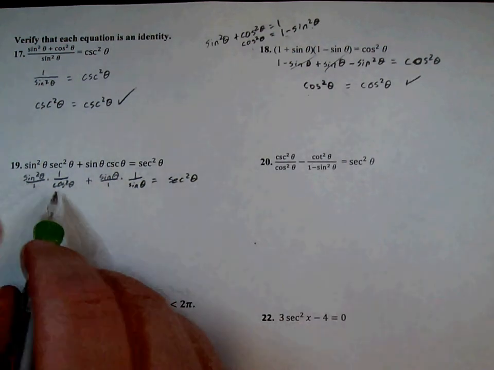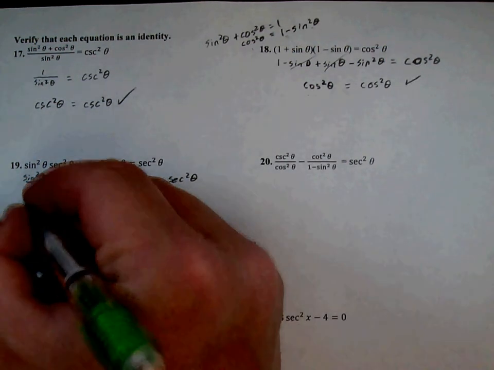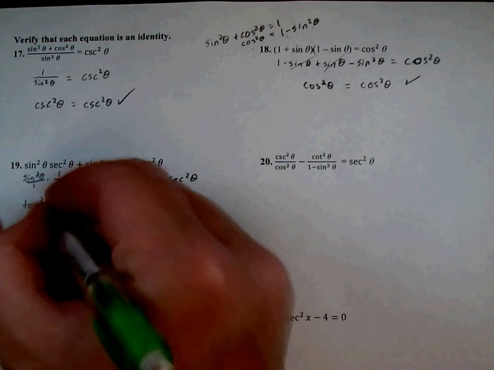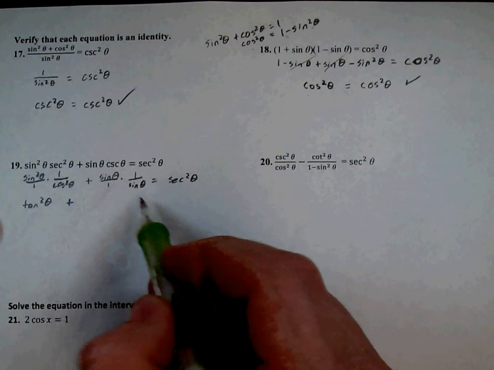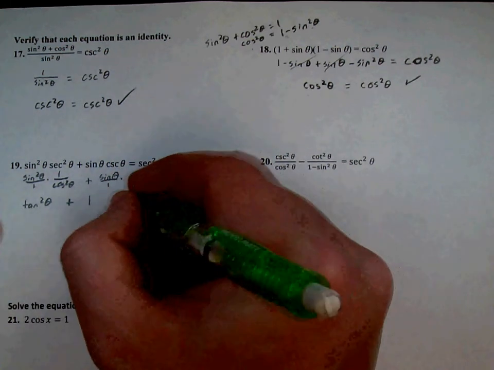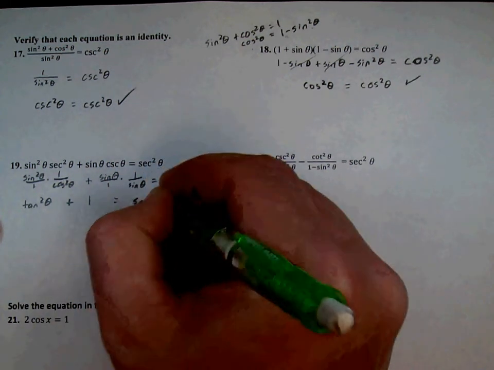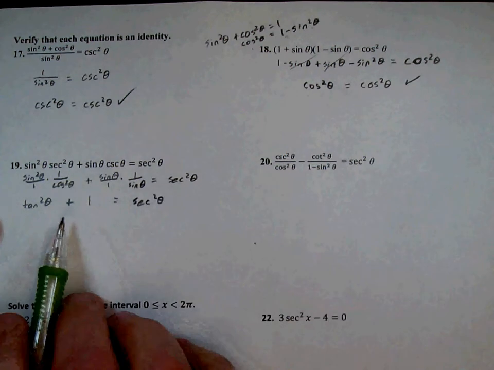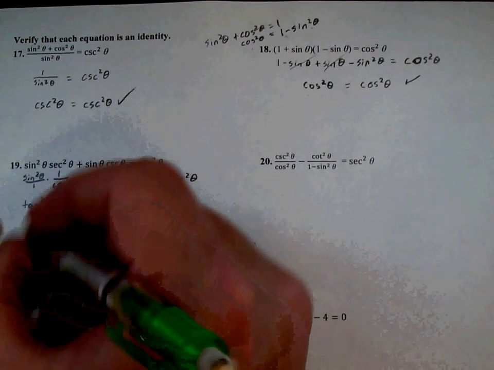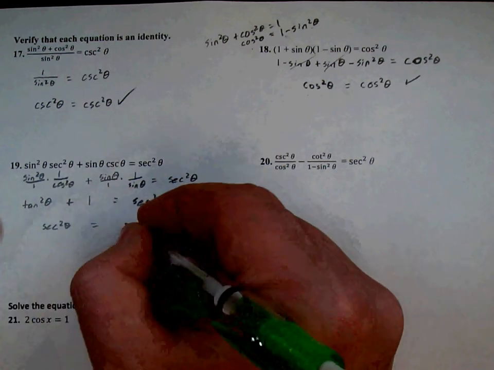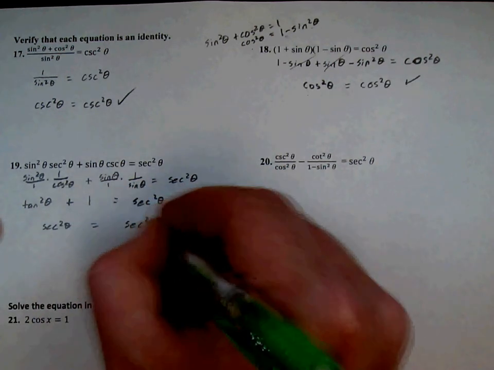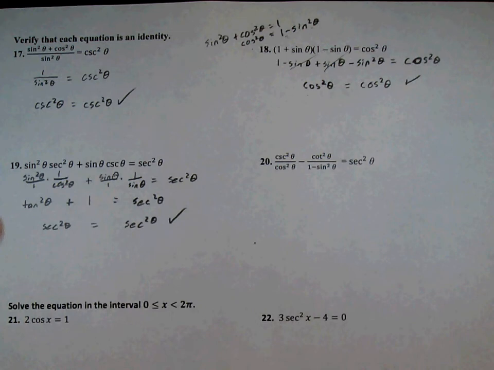So over here I have sine squared times 1 over cosine squared. That's tangent squared. Plus over here, sine times the reciprocal of sine. Those cancel out. We just get 1. Equals secant squared. We have this as an identity. We have tangent squared plus 1 is equal to secant squared. So I can replace that left side with secant squared equals secant squared. Check. That one worked.